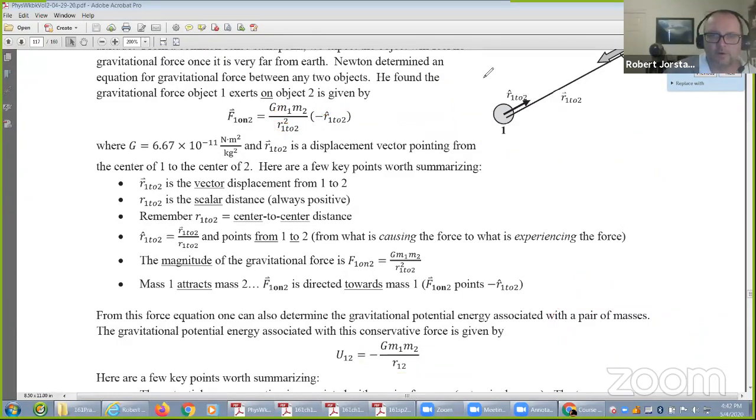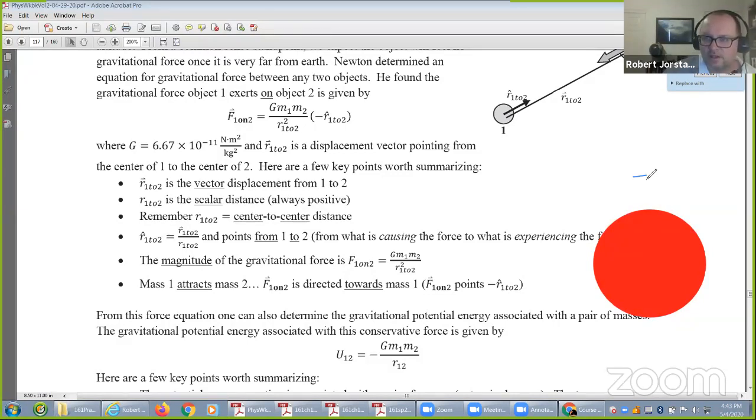If you're around a planet, let's say that red blob is a planet, right? The closer you are to the planet, the smaller your radius. And so this might be, say, -10. And then as you go out, maybe this is -6.